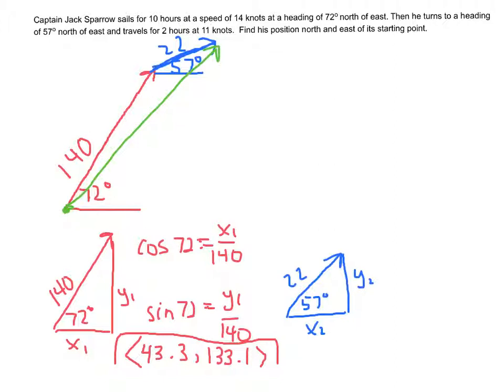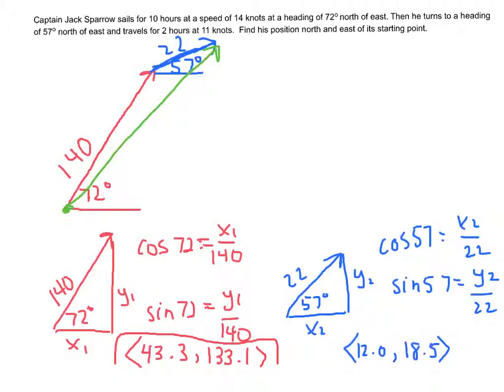So same idea, we're going to do cosine of 57 equals x2 over 22 this time, and then sine of 57 equals y2 over 22. And so we'll calculate these. And our x and y components for the second part of the trip are 12.0 for the x and 18.5 for the y.